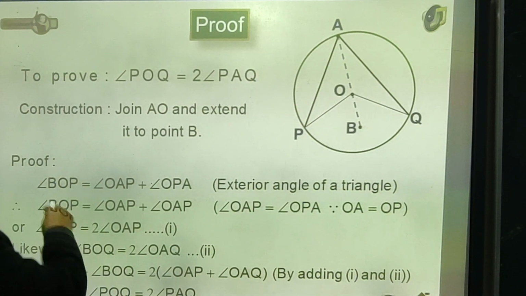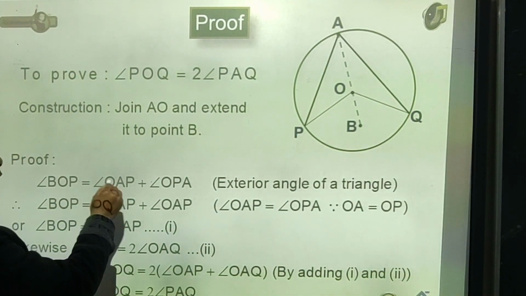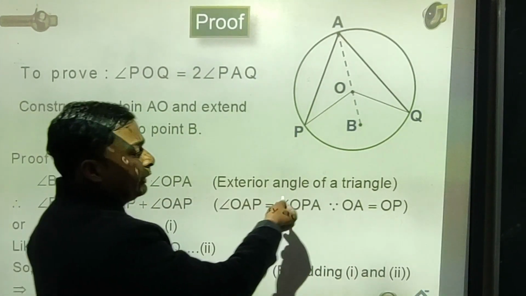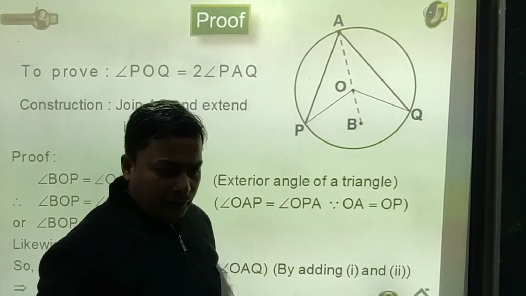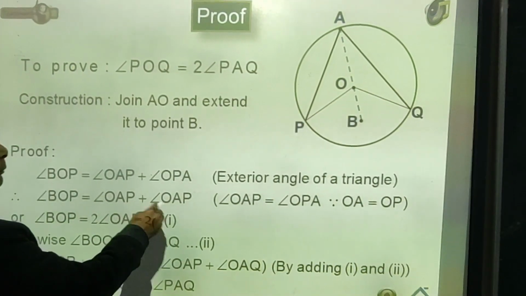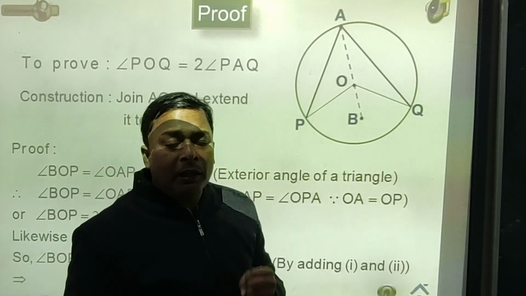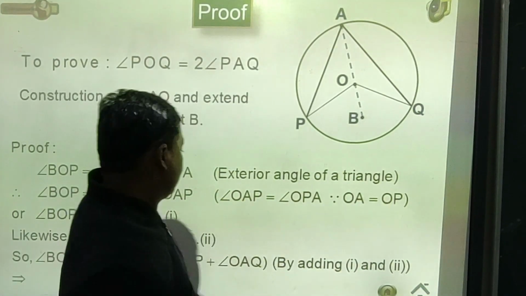Now let us understand with the proof here. You can see angle BOP, this exterior angle, is equal to OAP plus OPA, by the exterior angle property of a triangle. And BOP is also equal to the sum of the same angles which I assumed in the explanation, that is x and x.